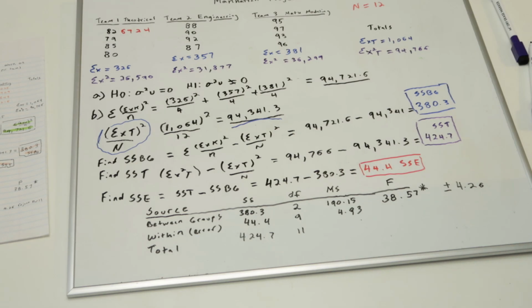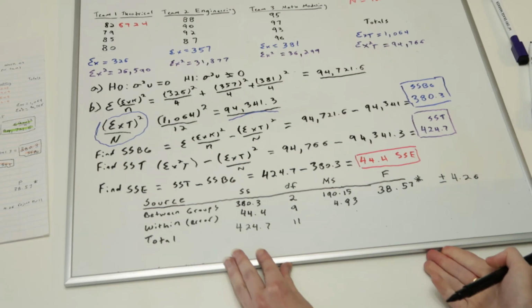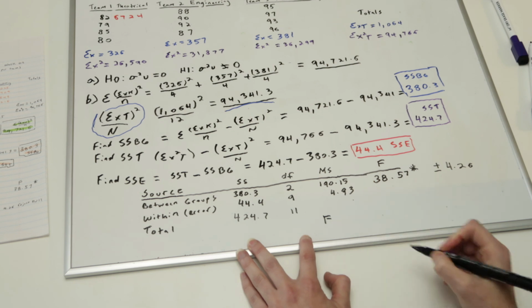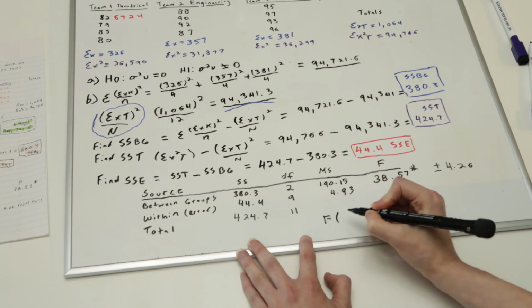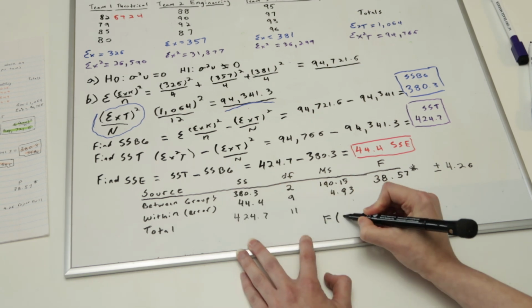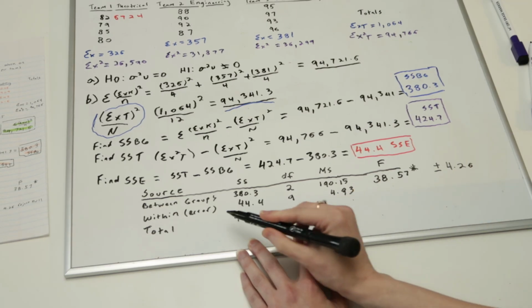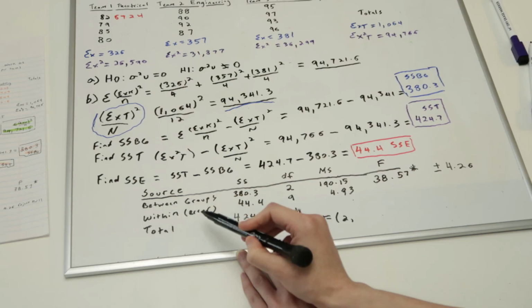And so how you write this up would be you go F, and then you're going to do your degrees of freedom for between groups, 2. So this is like if you're doing a scientific write-up, and then 9, which is your within or your error.